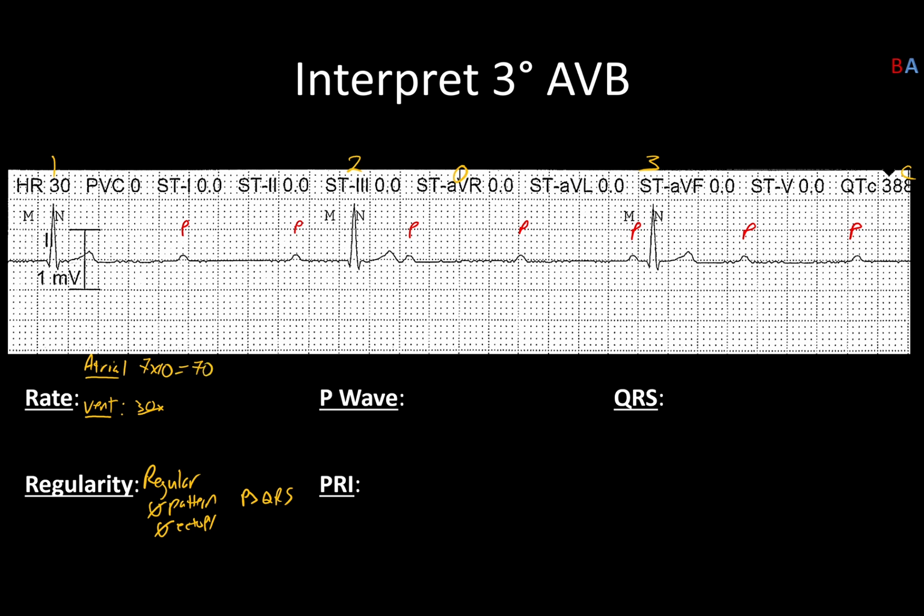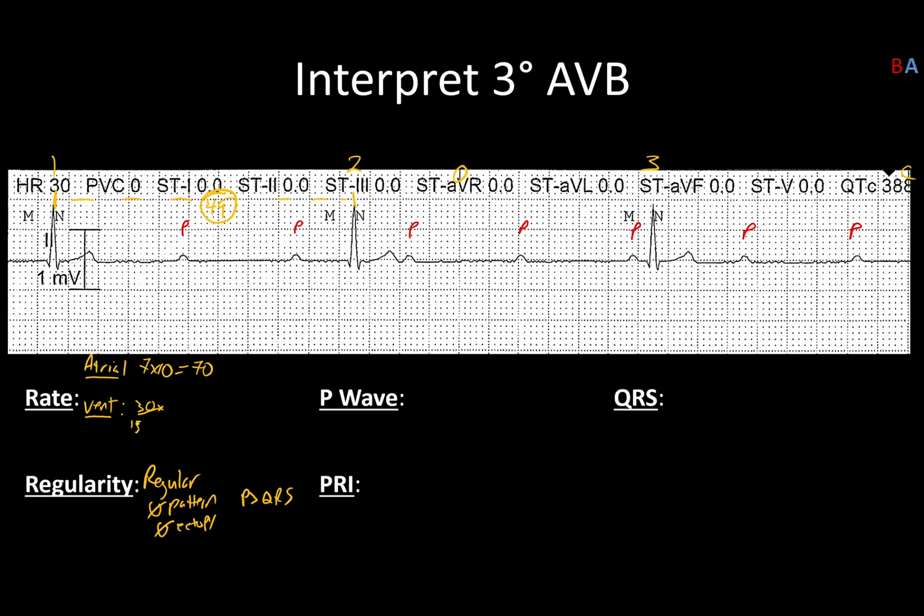Since we're nice and regular, let's go ahead and get some measurements. Plus, I want to know what the P to P is anyhow, so that I can figure out the regularity on that. So we'll start out with the QRS, and we'll just do between 1 and 2, between here and here. Just going to use a dashed line. It is 49, I kid you not.